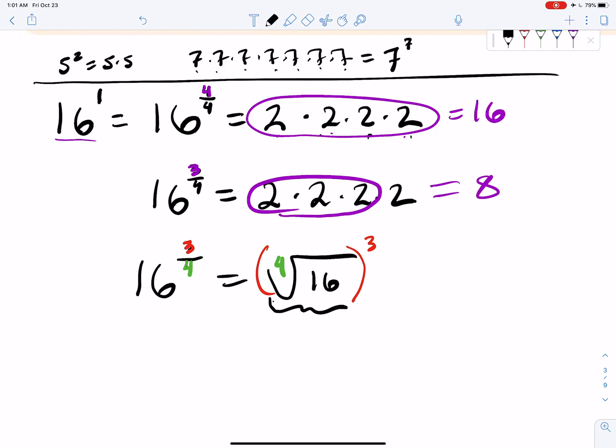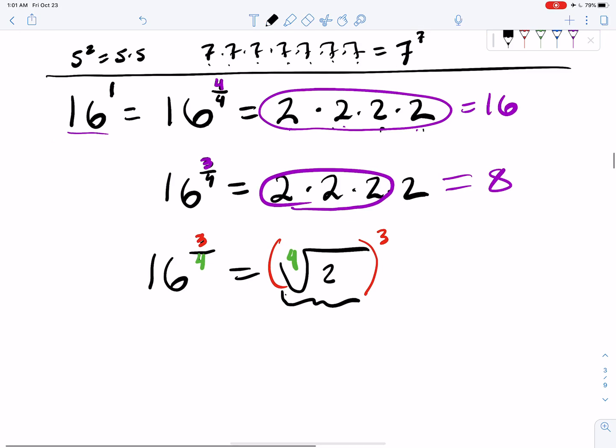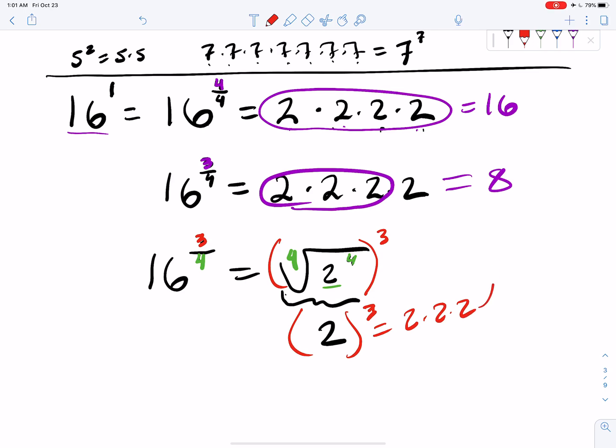We already know that 16 is 2 times 2 times 2 times 2. So we could rewrite that 16 as what? 2 to the 4th power. And we said when the power matches the index, out comes that little 2. Don't forget we still have this raised to the 3rd power, and that means 2 times 2 times 2, which is 8.